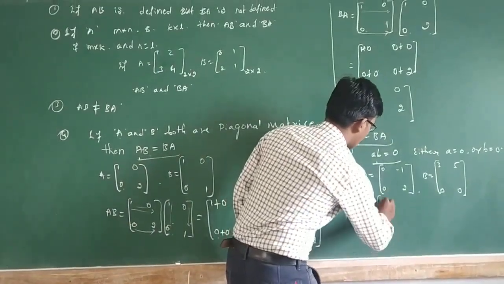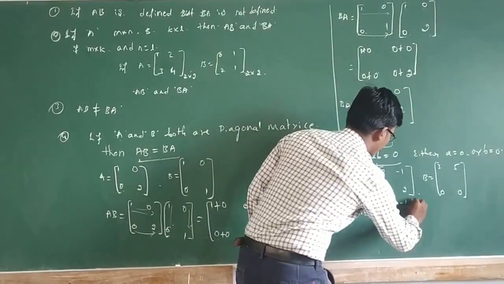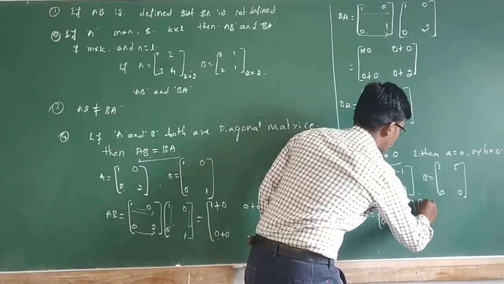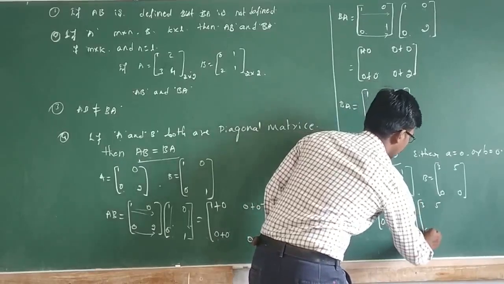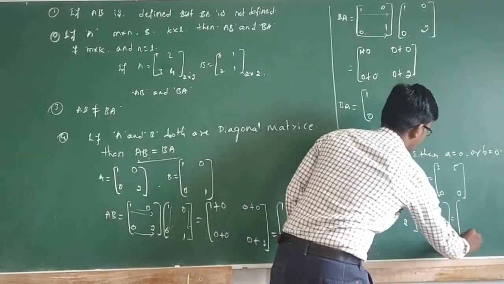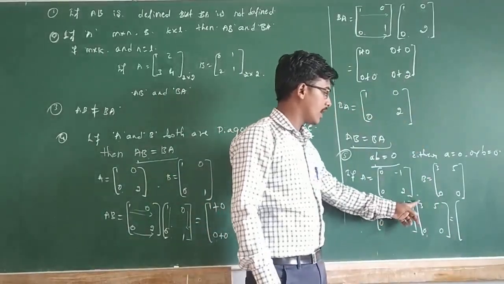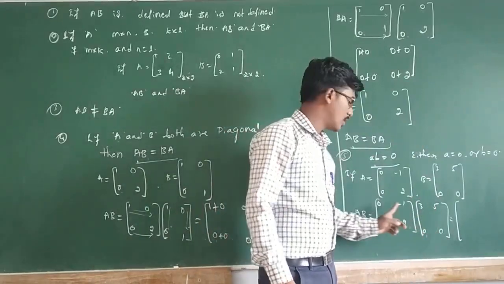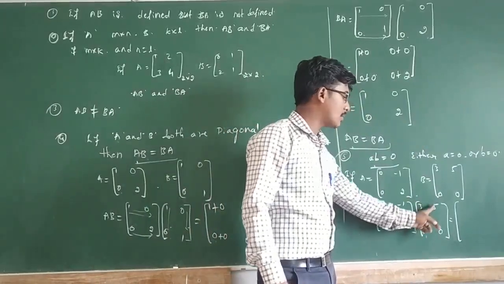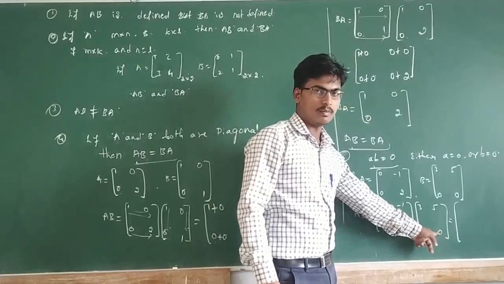A is 0, minus 1, 0, 2. B is equal to what? It is 3, 5, 0, 0, which is multiplied by same row reduces into columns. Take the first row, each column of the next matrix multiply with the addition of corresponding elements.